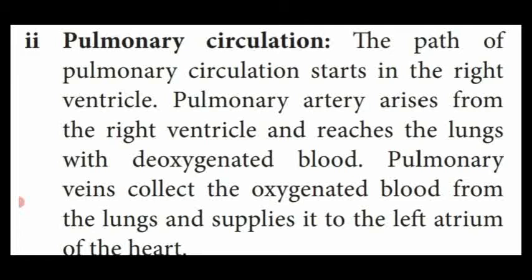The pulmonary circulation starts from the right ventricle. Underline the word. Systematic circulation starts from the left ventricle, but pulmonary circulation takes place in the right ventricle. The pulmonary artery arises from the right ventricle.